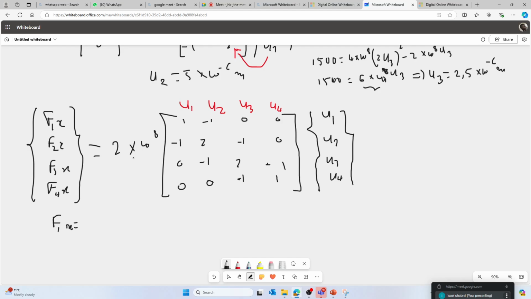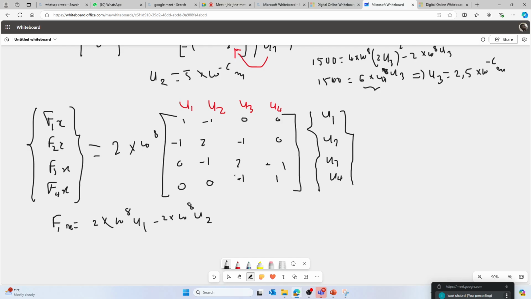Remember, these 2 here is multiplying inside here. You'll have 2 times 10 to the 8 multiplied by u1 minus 2 times 10 to the 8 multiplied by u2. Remember, it is u1, u2, u3, u4, so forth and so on.